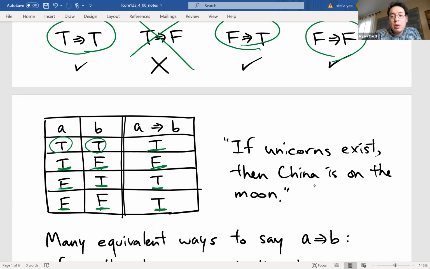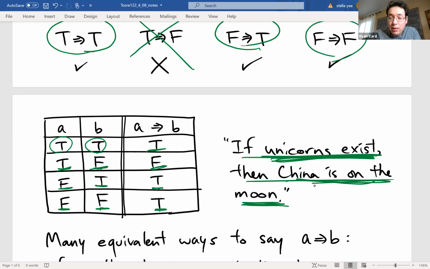So it might be really weird, but the following sentence should be considered true. If unicorns exist, then China is on the moon, right? Because the first part of the statement, that unicorns exist, is a false statement, you can pretty much say anything you want on the second part of the statement, like China is on the moon.